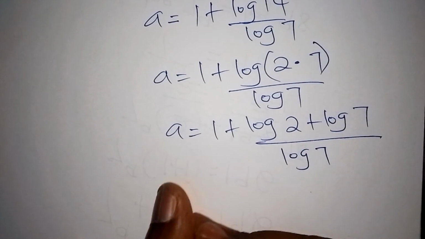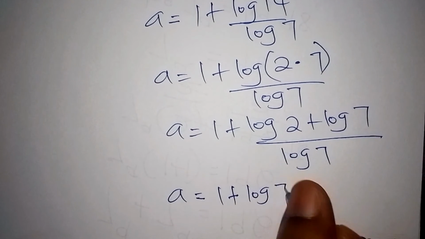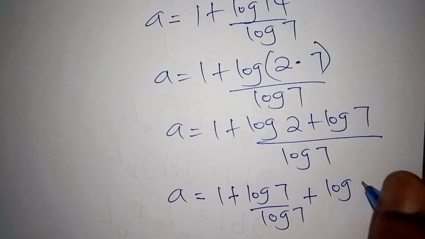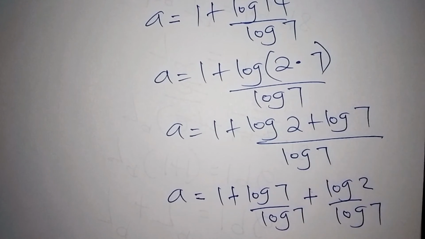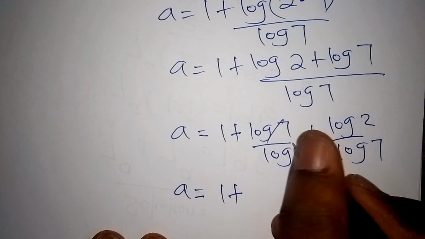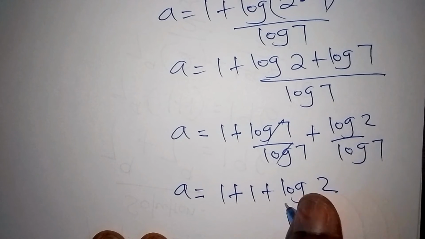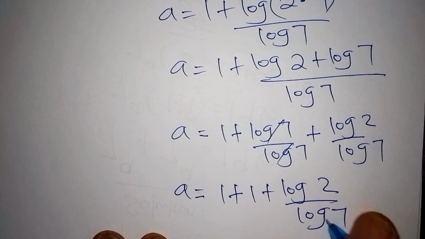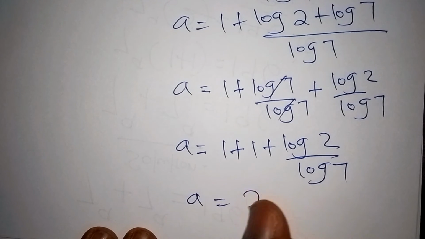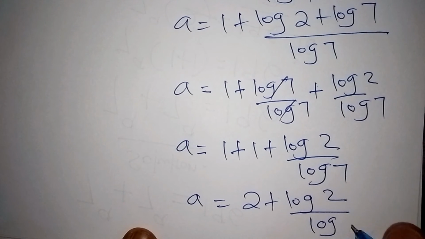So here our a is equal to 1 plus the log 7 all over the log of 7, plus the log 2 all over the log of 7. Log 7 and log 7 shall cancel. So now we shall have 1 plus 1 plus the log of 2 all over the log of 7. So a is equal to 1 plus 1, that is 2, plus the log of 2 all over the log of 7.